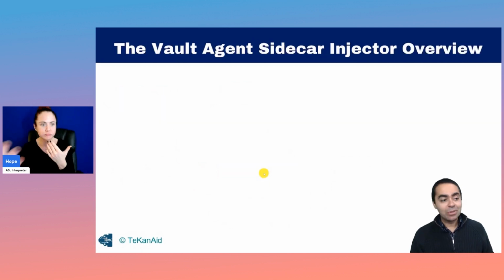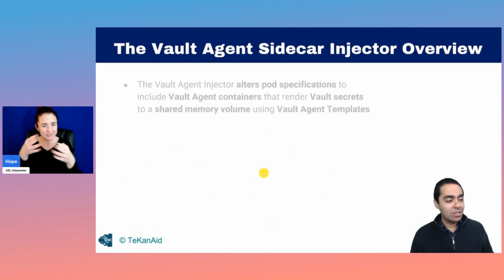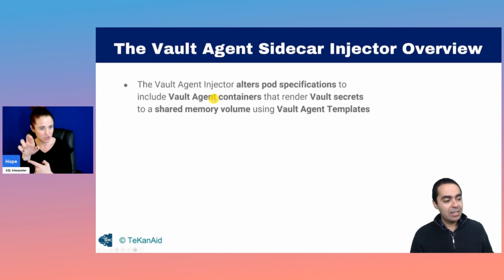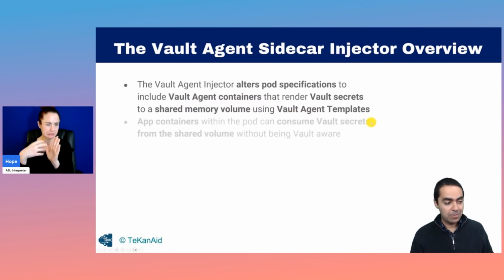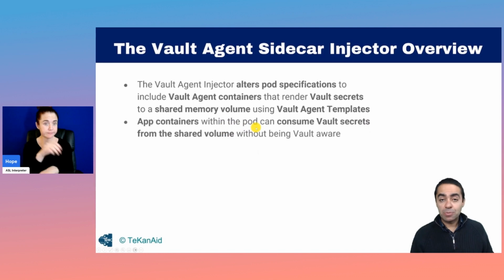So let's talk a little bit about the Vault agent sidecar injector. What it does is alter the pod specifications to include the Vault agent containers that render Vault secrets to a shared memory volume using Vault agent templates. The app containers within this pod can consume Vault secrets from the shared volume without being Vault aware, as we saw in the workflow.